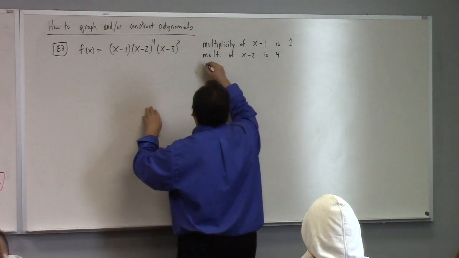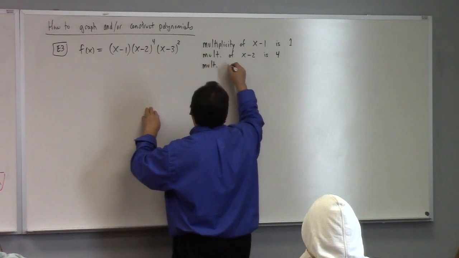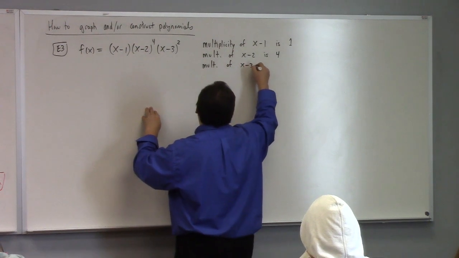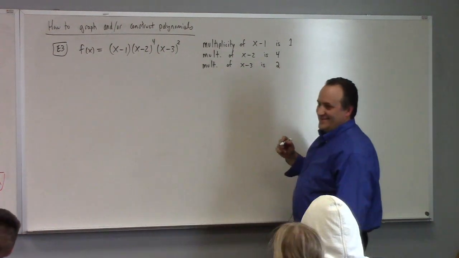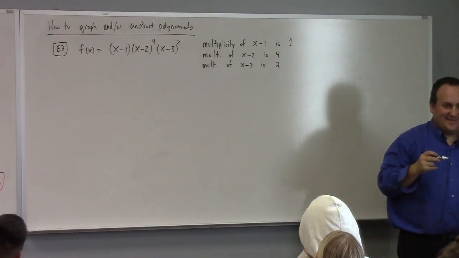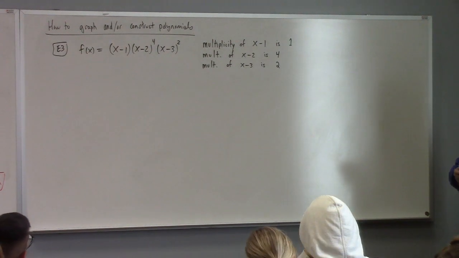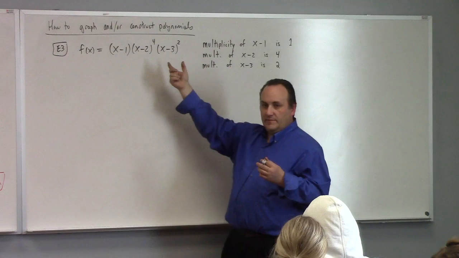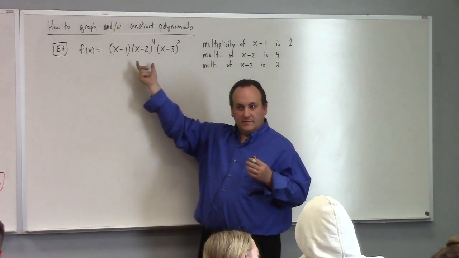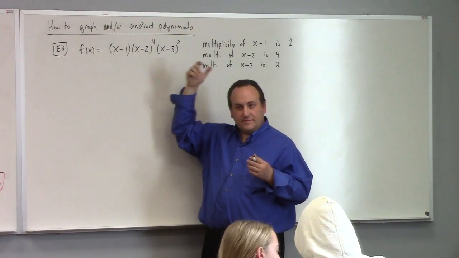The multiplicity of x minus 3 is 2. So the multiplicity is just the number of times the factor is repeated, okay?